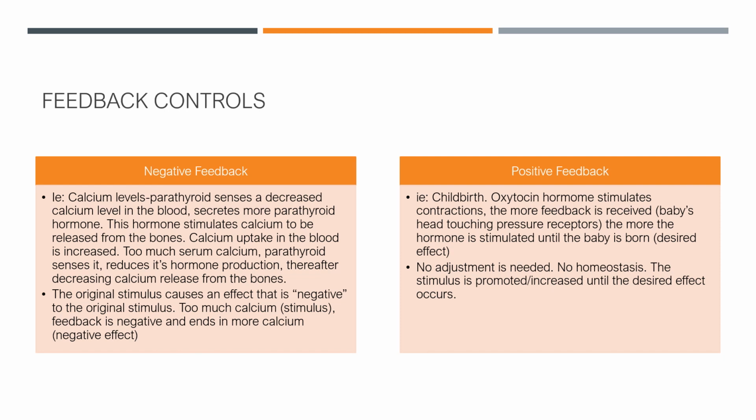So if the original stimulus is something is low, the effect is going to cause that low something to now become high. Just like too much calcium in the blood might be the stimulus, the feedback, however, is negative and ends up in less calcium. Does that make sense?